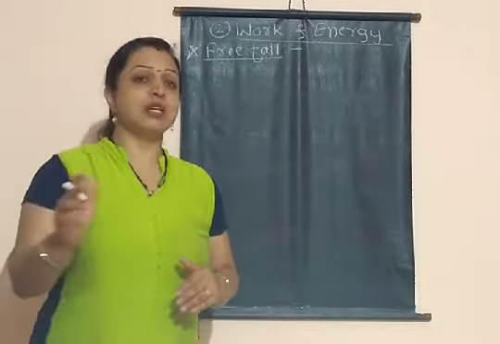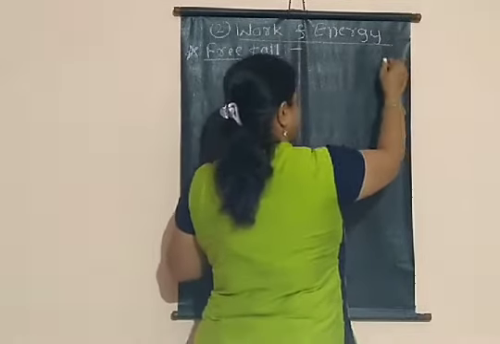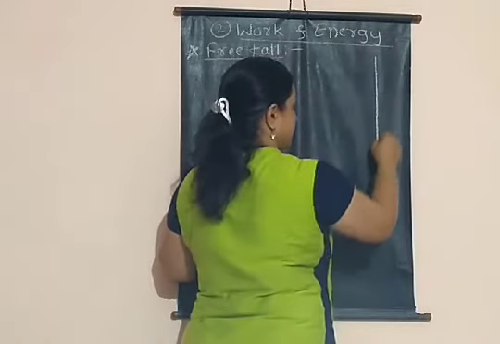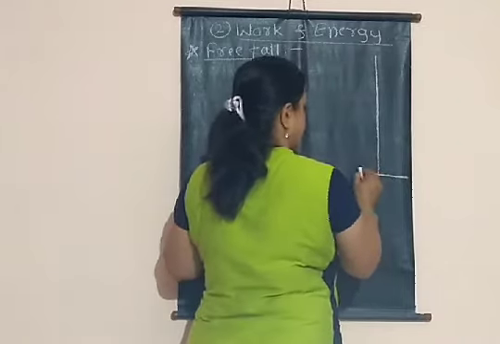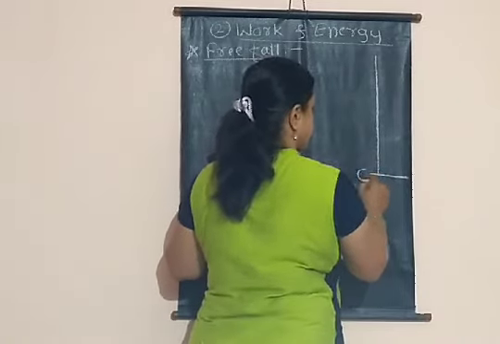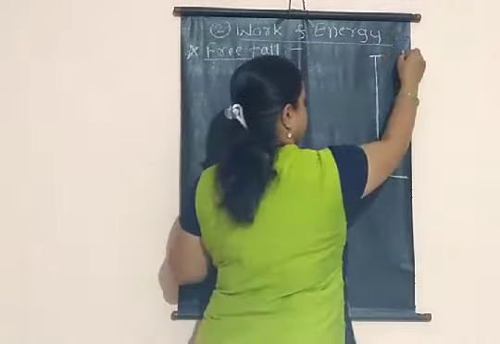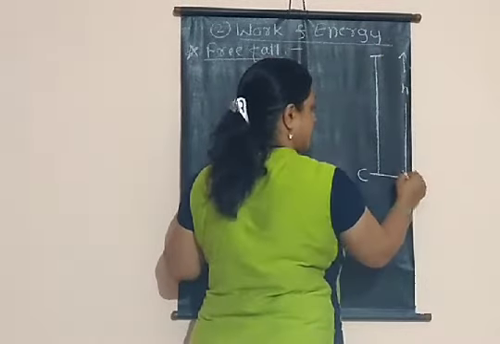So let's first consider a diagram. Consider an object at height h from the ground surface. This is the ground surface, that is point C, and the object is at height h from the ground surface.